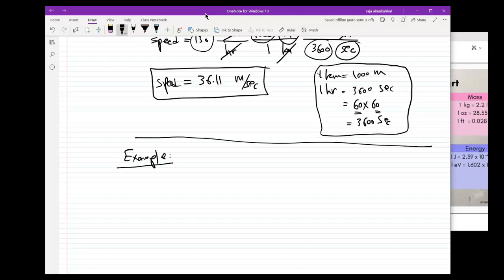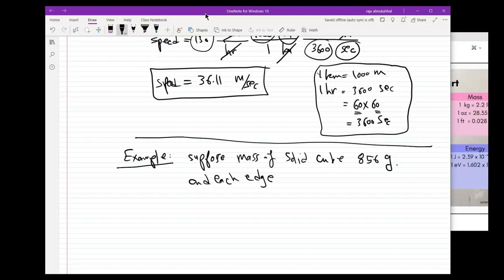So the example says, suppose the mass of a solid cube is equal to 856 grams, okay? And each edge of the cube is 5.35 centimeters. And the question is, find the density.